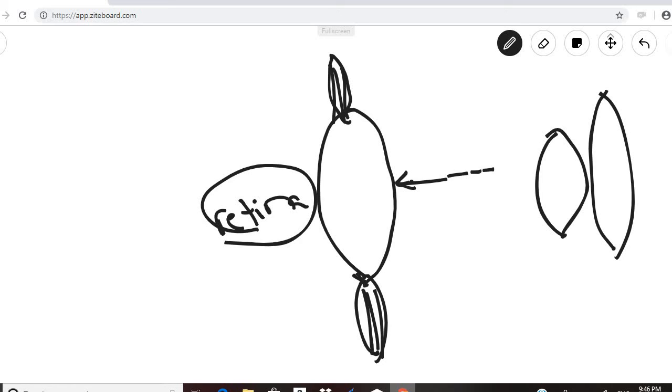So the focal point of a lens changes depending on what the object is and where the object is located.